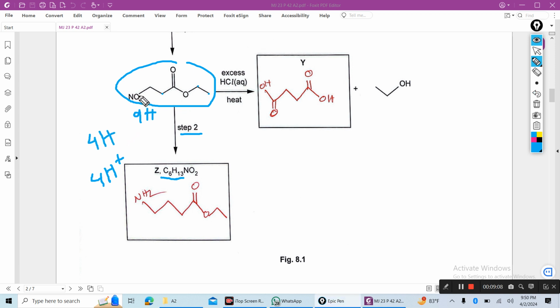Because the cyanide CN group is reduced to the CH2NH2 group. So here 2 hydrogen, here 2 hydrogen, 4 hydrogen have increased in compound Z.